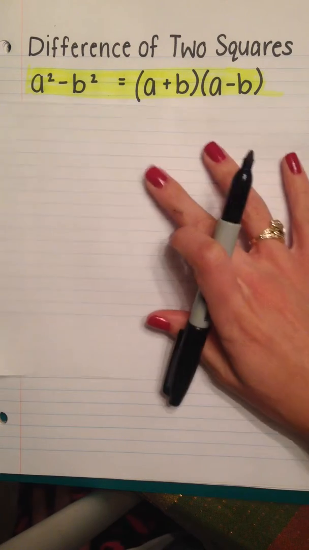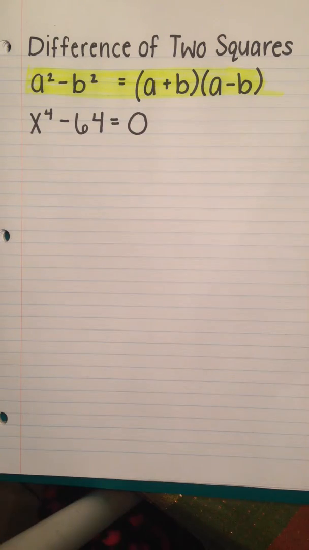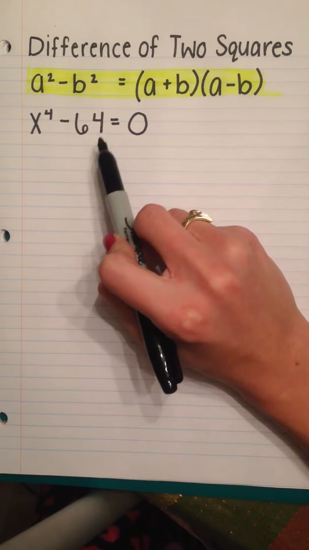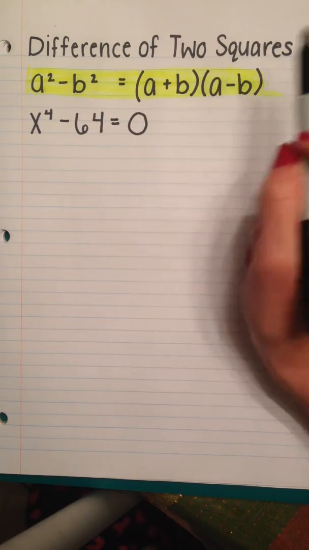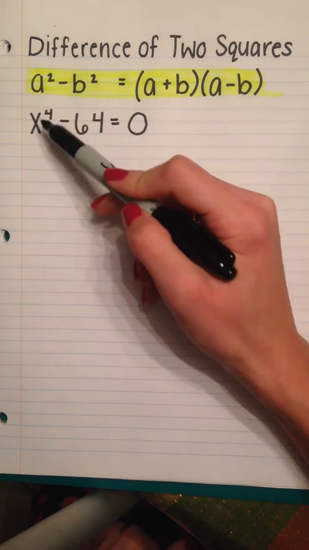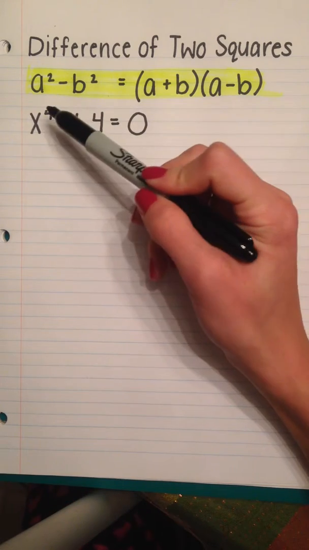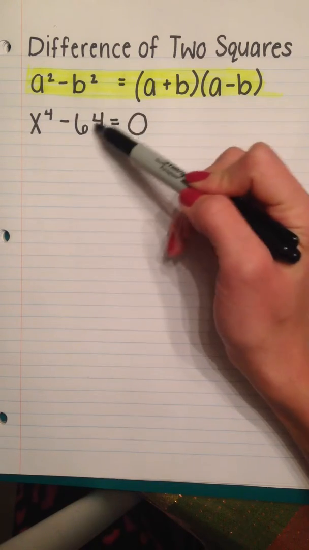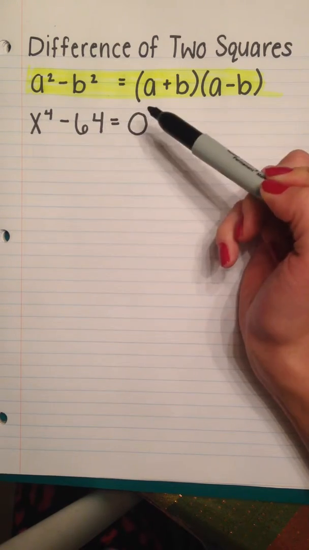So let's take an example. If you're given x to the fourth minus 64 equals 0, the most important thing we have to do is recognize what a is and what b is, and see that both of these terms are something squared.